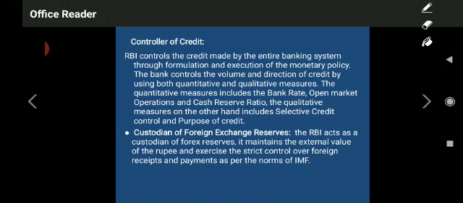Suppose, for example, 10 banks are applying for loans from RBI. Out of those 10 banks, how many banks actually require the loan? What is the actual requirement of that particular loan of each bank?